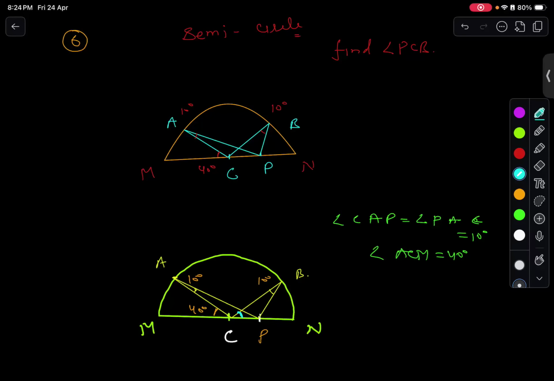A beautiful question, but as I said, you have to think how to go about it. Sir, do we have to use the quadrilateral 180 degrees property, from which the exterior angle was formed? No, but for a semicircle you can't. You have to make a circle. If you want to use that, you have to make a circle.